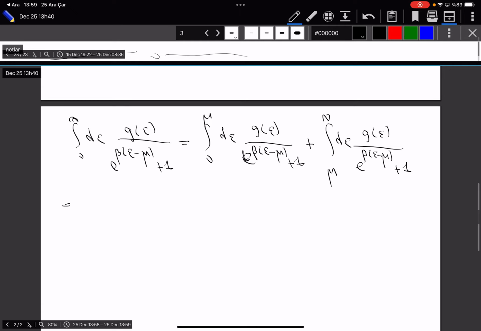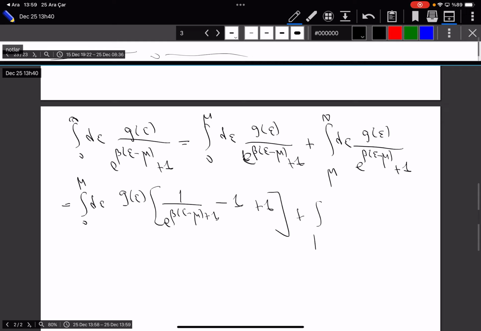Now I will separate the contribution of the step function. Let me rewrite this first in a slightly different form. My purpose now is this: I have this integral, and I know that the integrand is more or less like the step function. So I would like to first separate the contribution of the step function at low temperatures, plus there will be a small correction. That's what I'm trying to do.